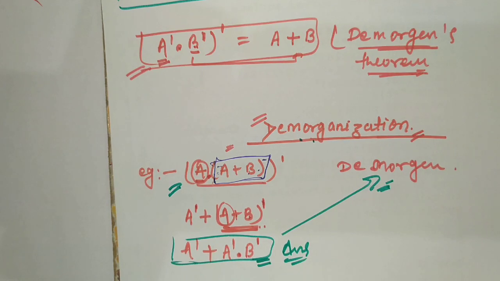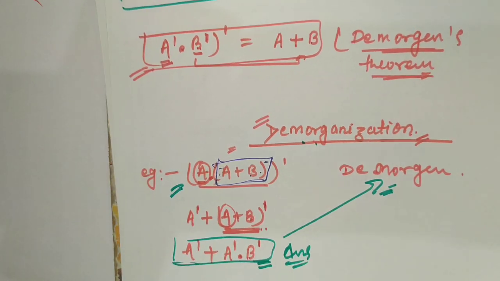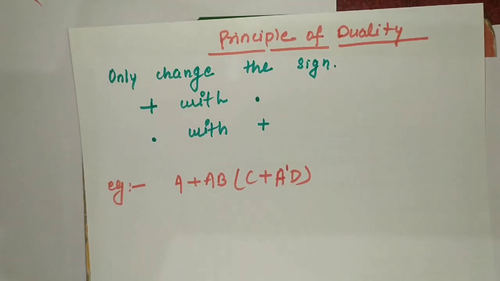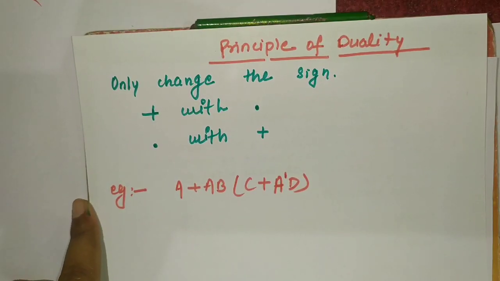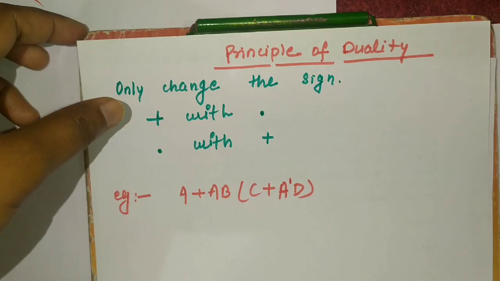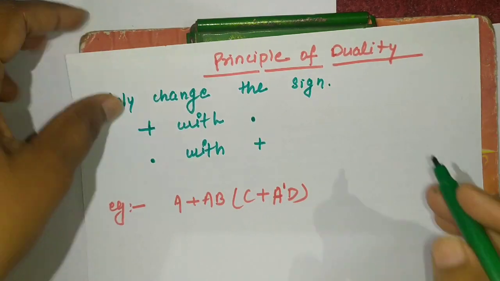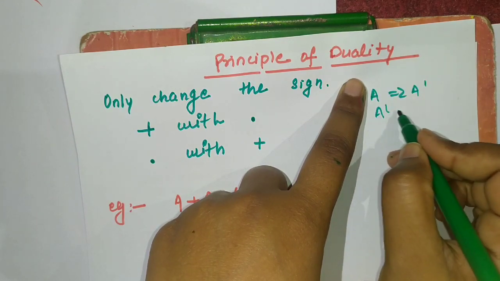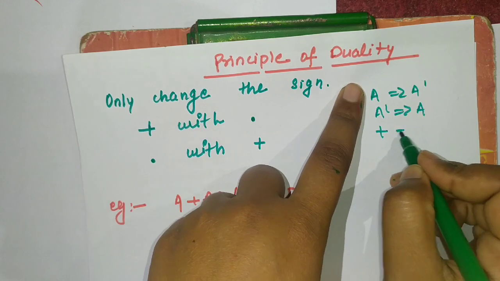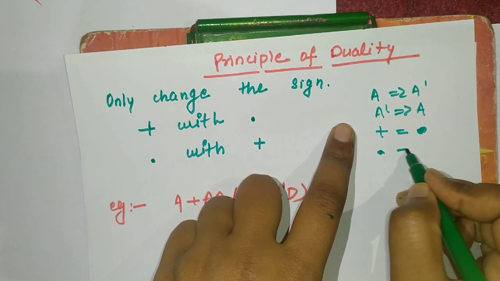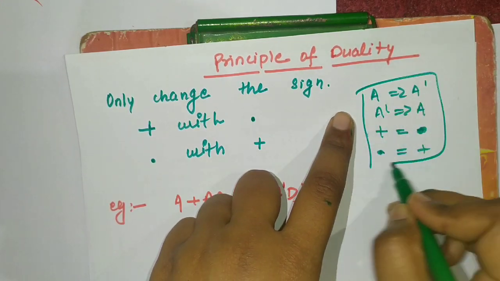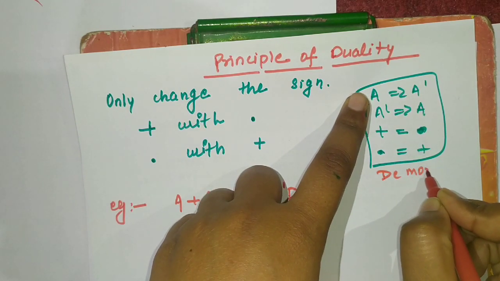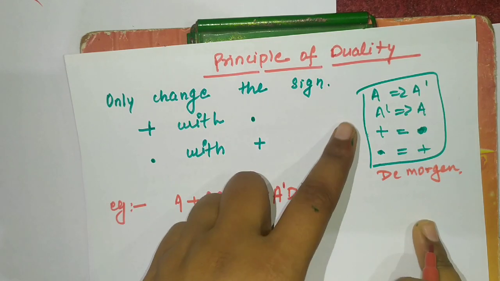Next we discuss the principle of duality. What is the principle of duality? It is the same as De Morgan's theorem but a little different. In De Morgan's theorem, A is converted to A dash, A dash to A, plus to dot and dot to plus.